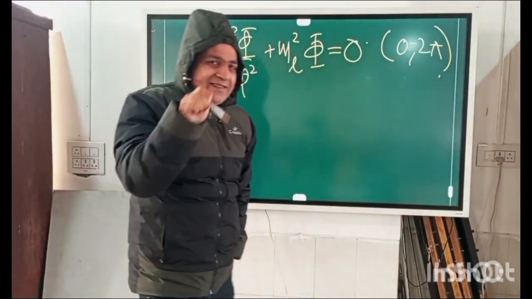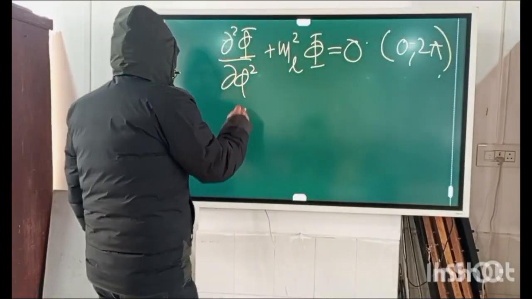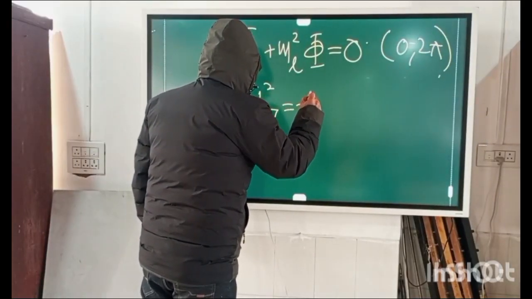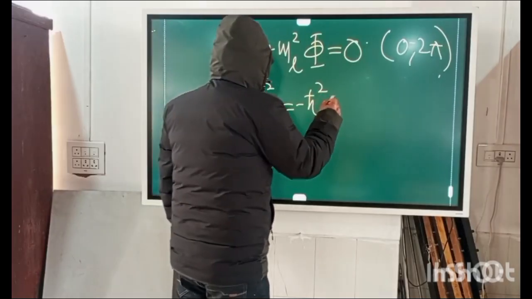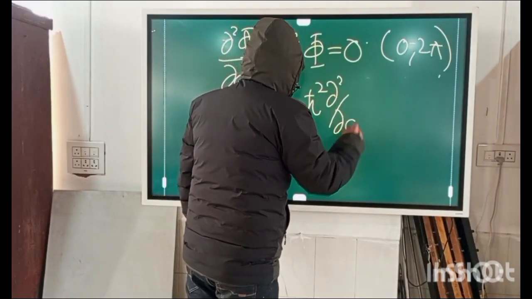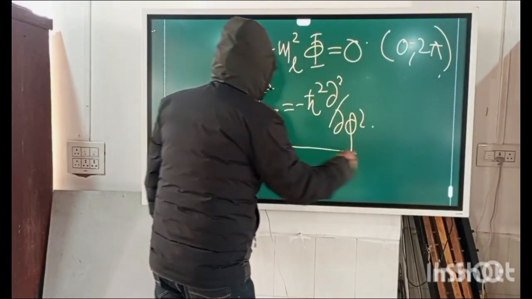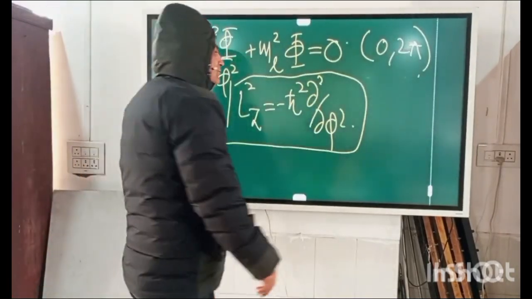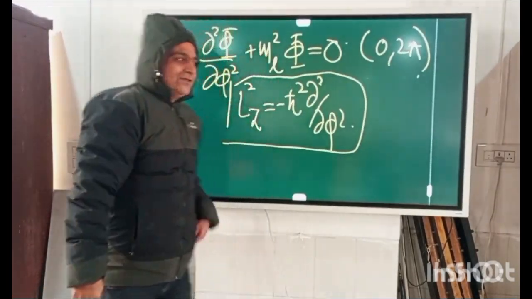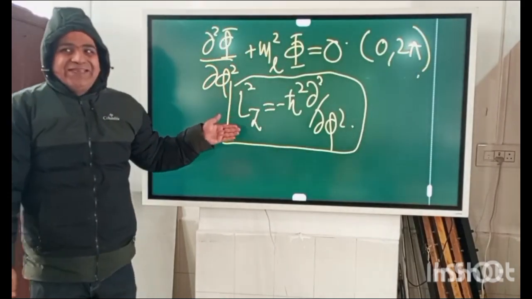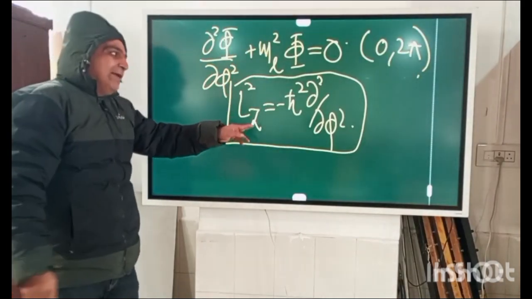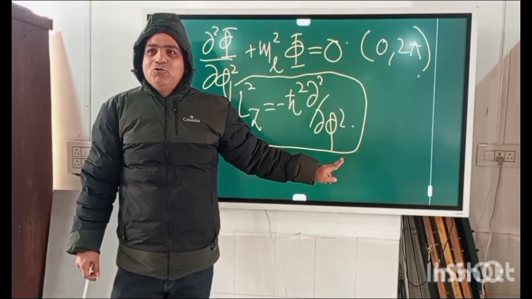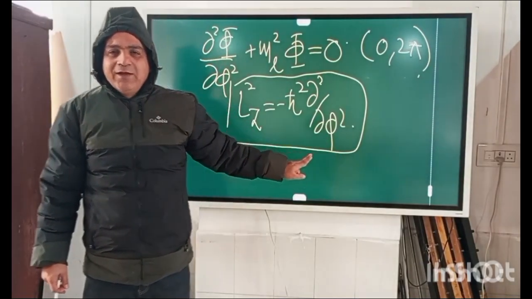The algebraic thing that I was telling you: if you take only Lz², it comes out to be −ħ² ∂²/∂φ². So if you take only the z component squared, it comes out to be −ħ² ∂²/∂φ².